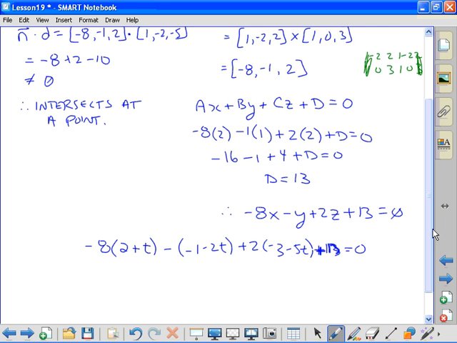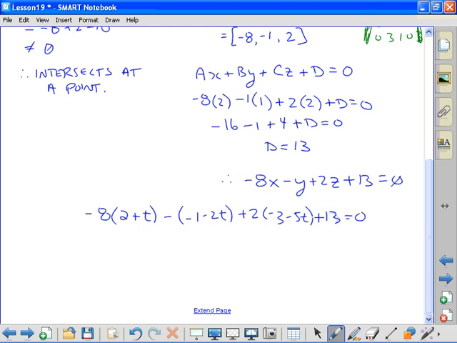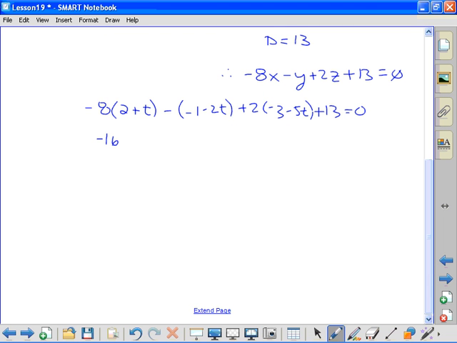And now I can go ahead and finish this question as we've done with the previous example. So negative 16 minus 8t plus 1 plus 2t minus 6 minus 10t plus 13 equals 0.